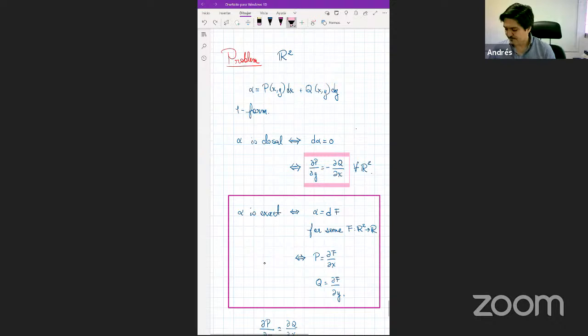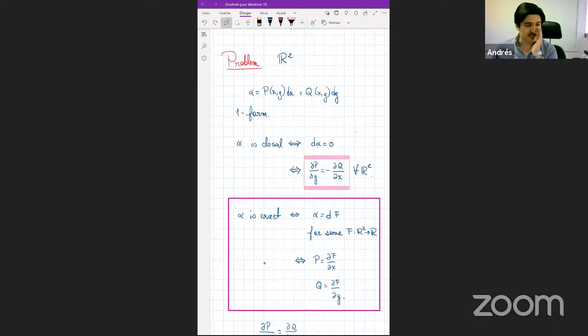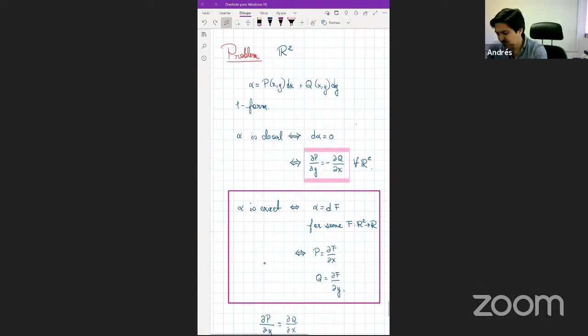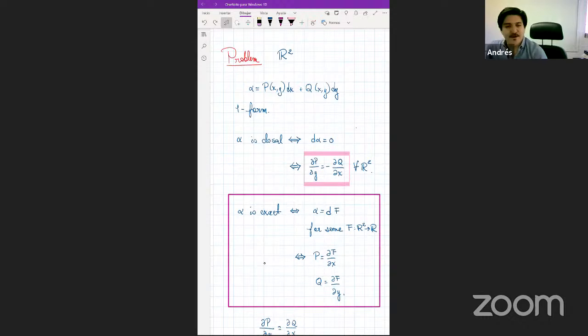So this is in part the differential in Euclidean space. We still need to see a couple more aspects of this in Euclidean space. But I just wanted to give you some applications in the setting of differential forms that you have seen before from a different point of view.